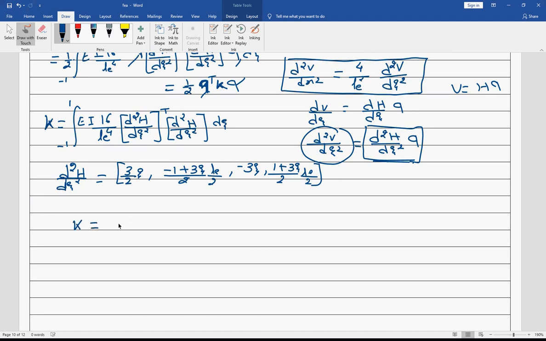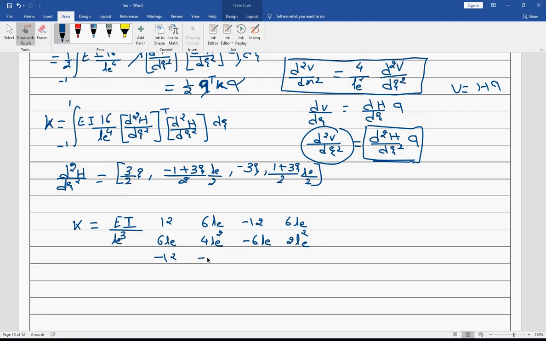Okay, so if you do that, you get EI by Le cube times: 12, 6 Le, minus 12, 6 Le; 6 Le, 4 Le square, minus 6 Le, 2 Le square.